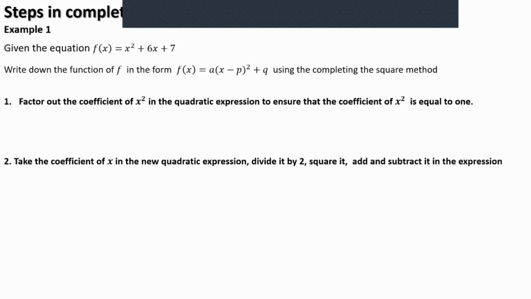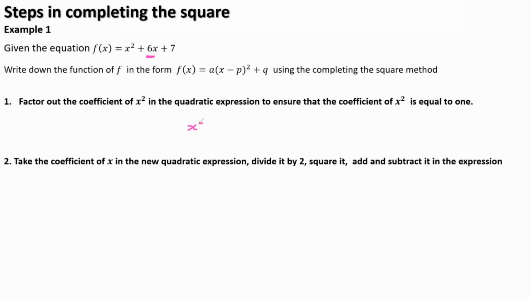Let me just clarify this. There's 6x there, so it's x squared plus 6x plus 7. Then I did rule number 2, where x squared plus 6x is still there, plus 6 over 2 squared, minus 7 plus 6 over 2 squared.